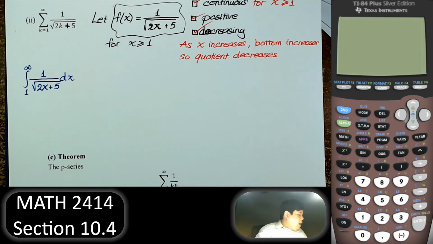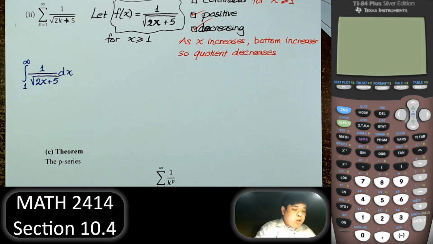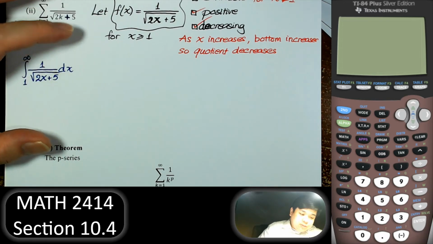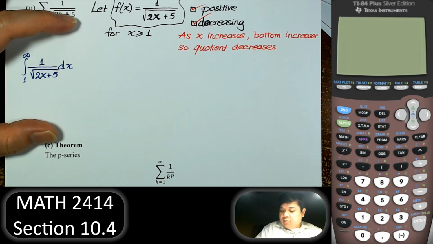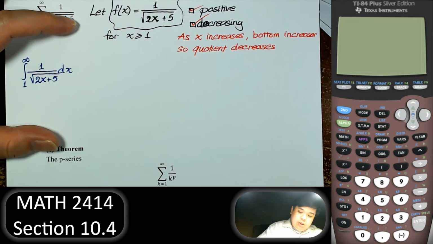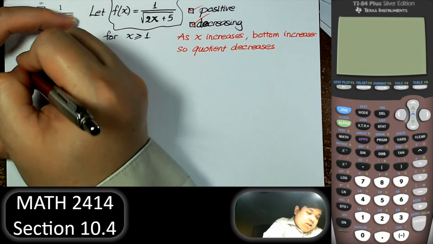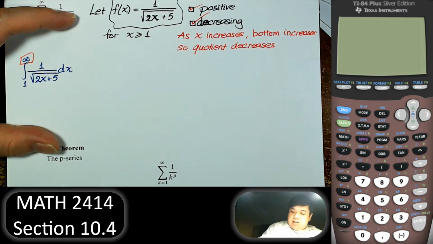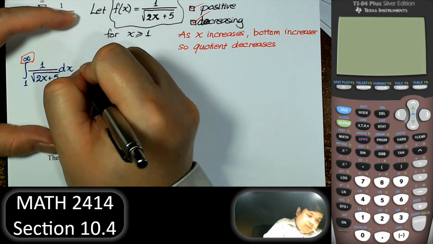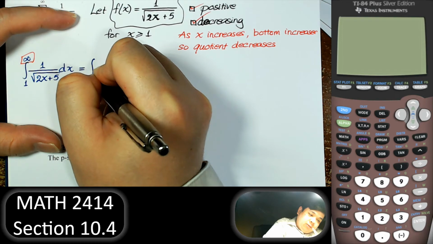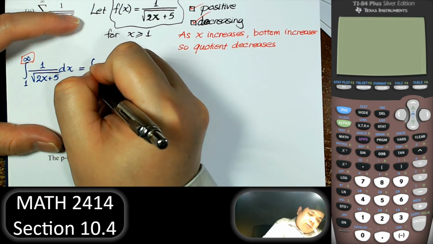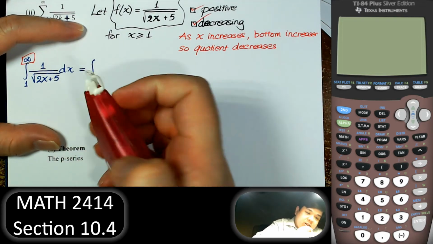Right, so it's not that bad. We just do a substitution, u equal to 2x plus 5, and so on. First there's infinity, so we'll take care of that with the limit.